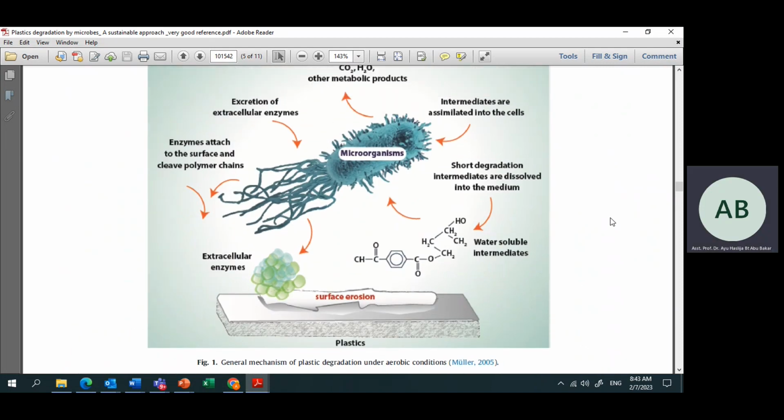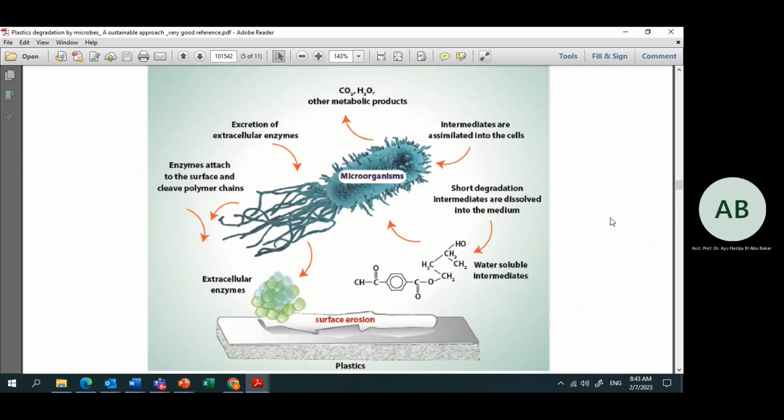This has an enzyme on the surface. Sorry, is it the microorganism releasing the enzyme to decompose plastic? Correct. So it's not like the bacteria is attached to it and then starts breaking it.